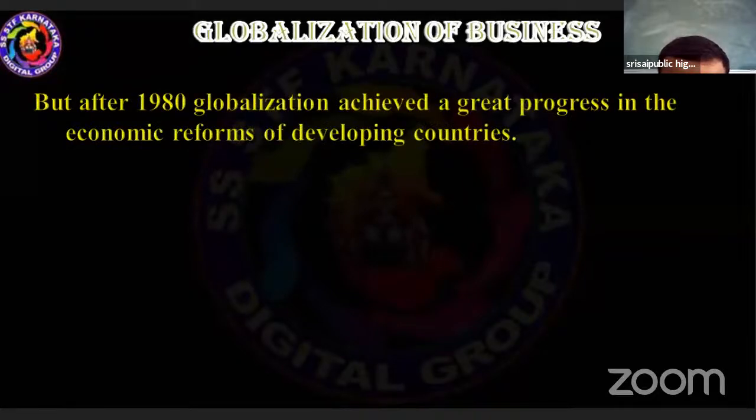After 1980, globalization achieved great progress in the economic reforms of developing countries.